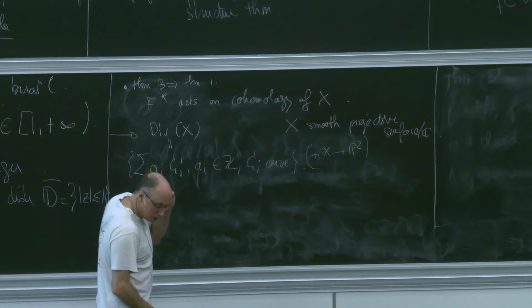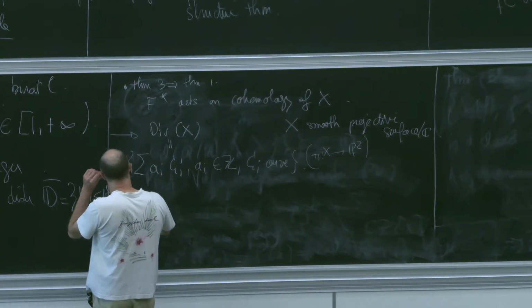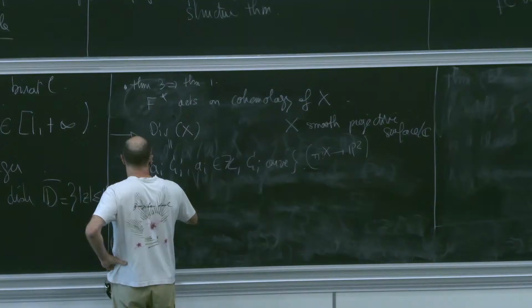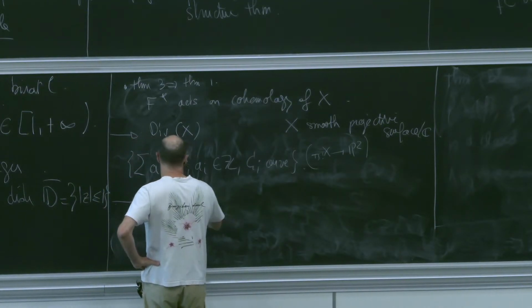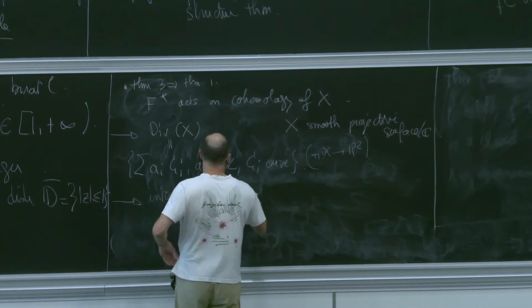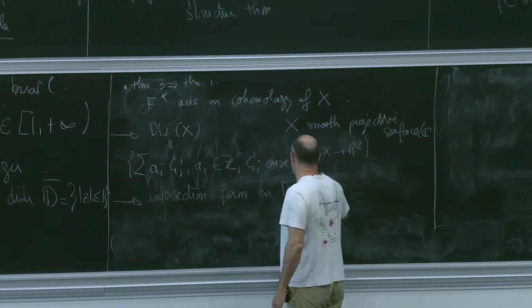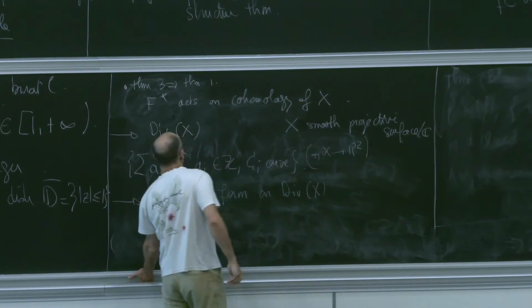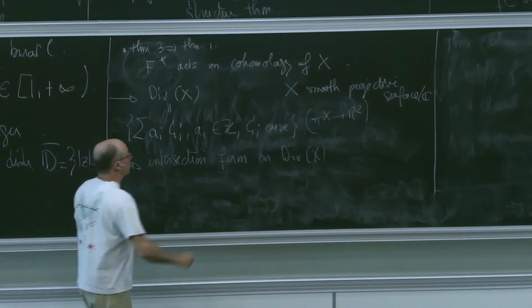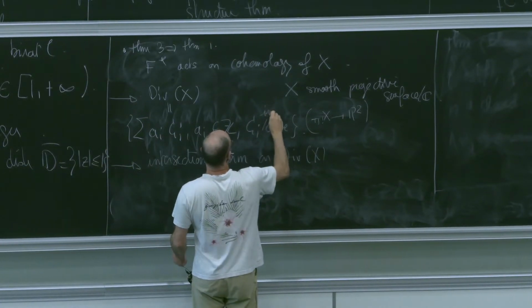And so you have an intersection form on this abelian group. Here, by curve, I mean irreducible curve.